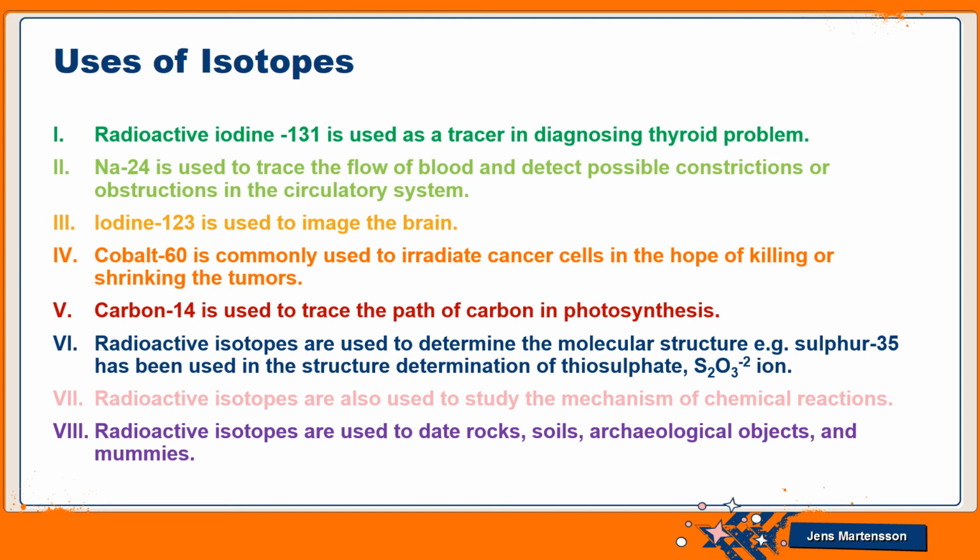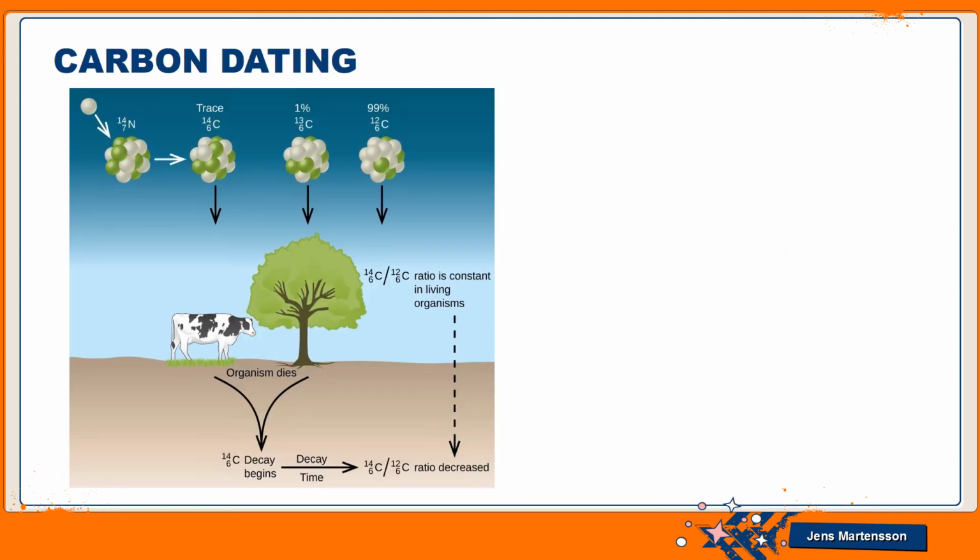Radioactive isotopes are used to determine molecular structure, such as sulfur 35, which is used for the structure determination of thiosulfate. Radioactive isotopes are also used to study the mechanism of chemical reactions, and to date rocks, soil, archaeological objects, and mummies. This means we can find out at what time these objects were present in the past.